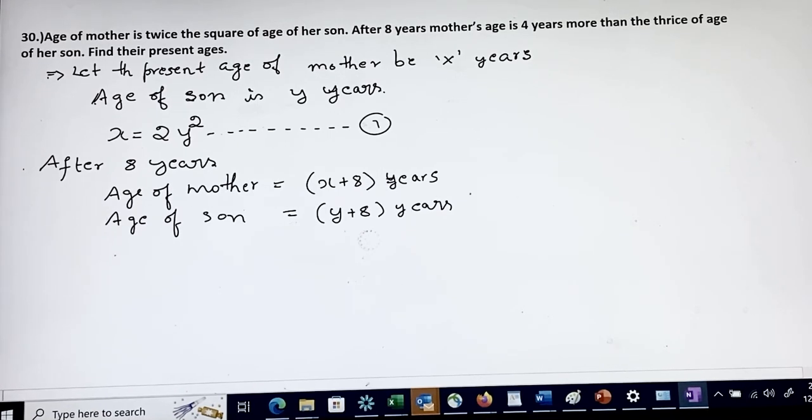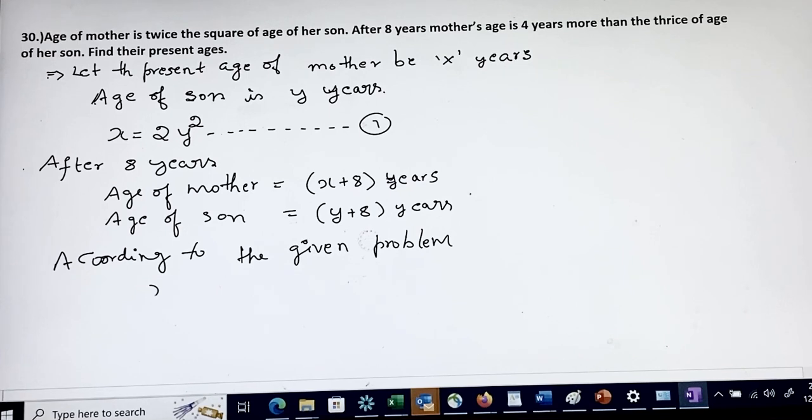According to the given problem, after 8 years mother's age is 4 years more than thrice of age of her son.